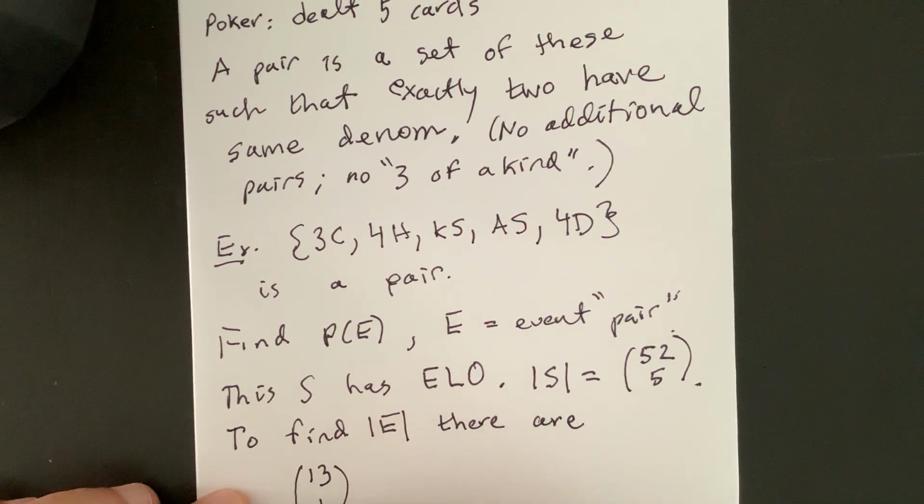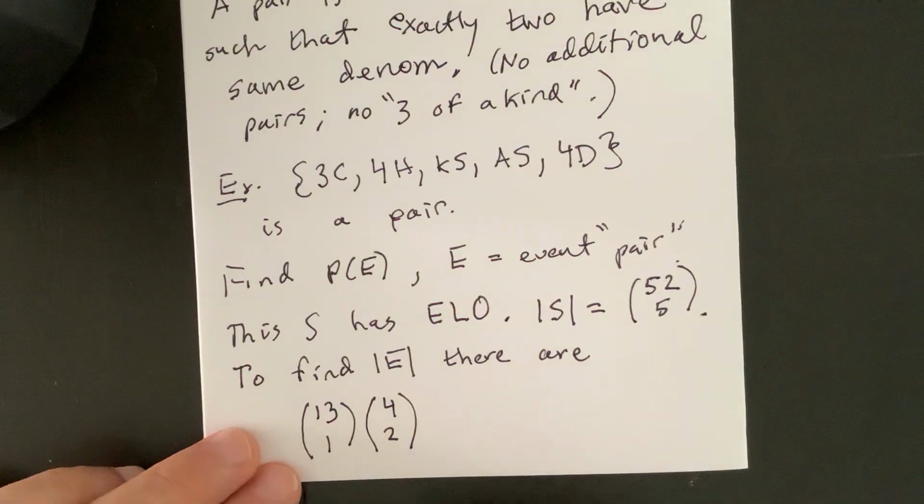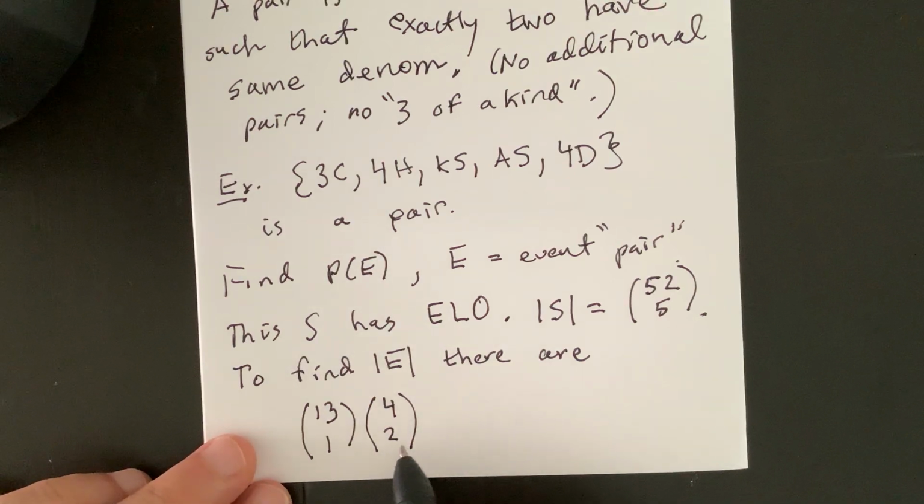I pick one of the denominations for the pair, and then 4 choose 2 for the suit combo. That gives me 78. Now for the other three, what should we do? We're just going to write it down. There's not going to be a lot of computation.